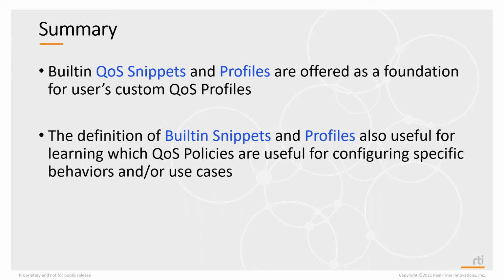And if you just want to learn which QoS policies are most relevant to a use case, then you could look at the snippet or profile that RTI offers for that use case, look at the definition of those snippets and profiles, and see what QoS policies they actually set and modify, as a way to understand which policies are most relevant for that use case.